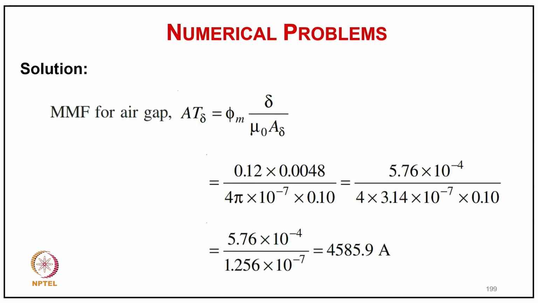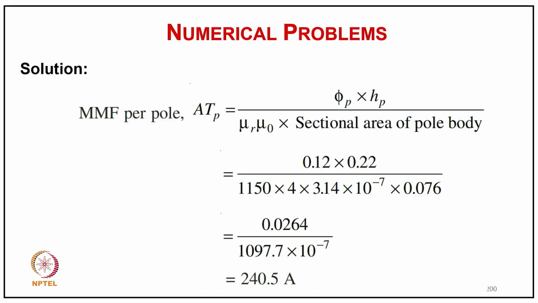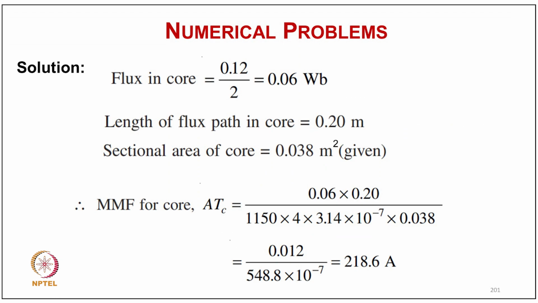Now coming to the solution. MMF for air gap, AT delta equal to B delta l delta upon mu 0 A delta. So putting the values, it comes to 4585.9 ampere. And MMF for pole, ATp, is Φ into hp upon mu 0 mu r and sectional area of the body. Putting values, it comes to 0.5 ampere. Flux in the core is Φ upon 2, that is 0.06 Weber.